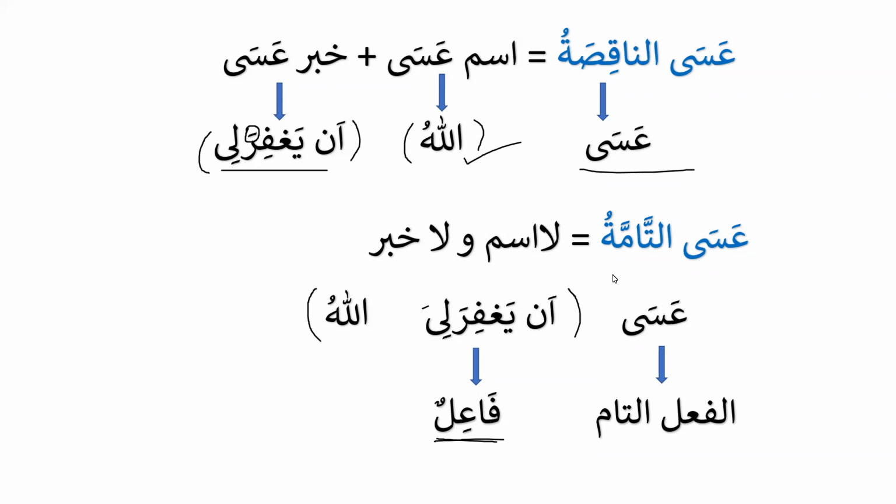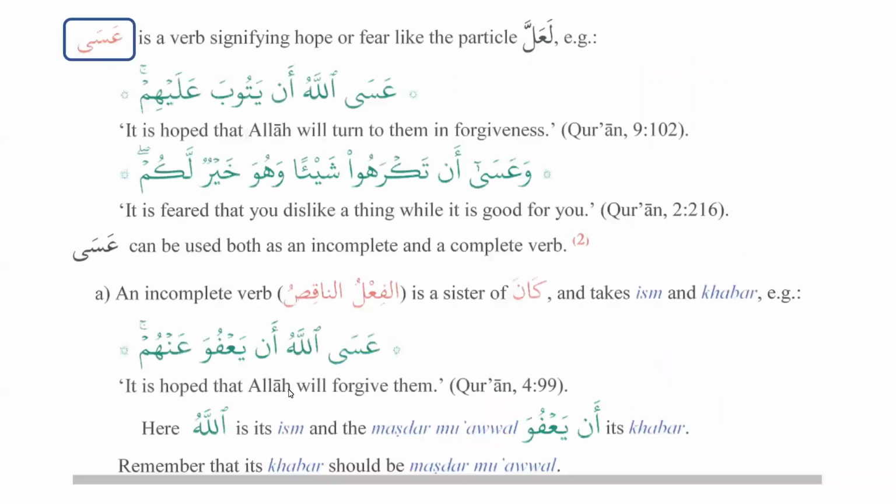And after asa, if we do not see a noun, that means this is asa at-tamma, and it is functioning as a normal verb, and it only needs a doer, al-fa'il. So is this clear? Yes, Ustad. Okay, excellent.